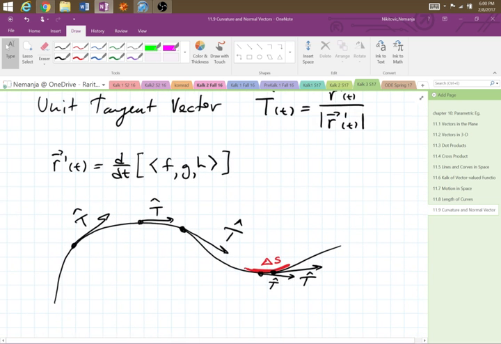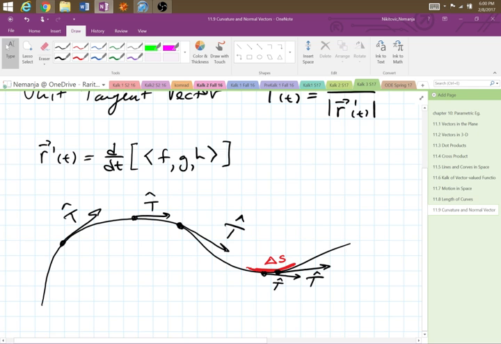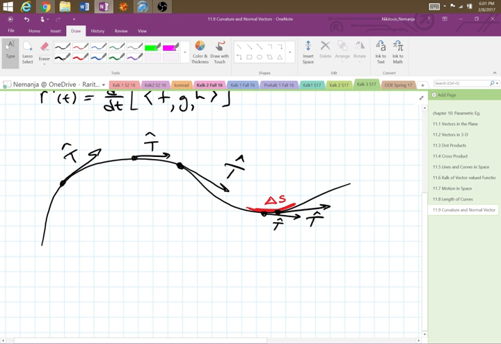So we have the basic understanding, and I'm going to say that the curvature k, lowercase k, is going to be the magnitude of the change of the unit tangent vector with respect to the arc length.